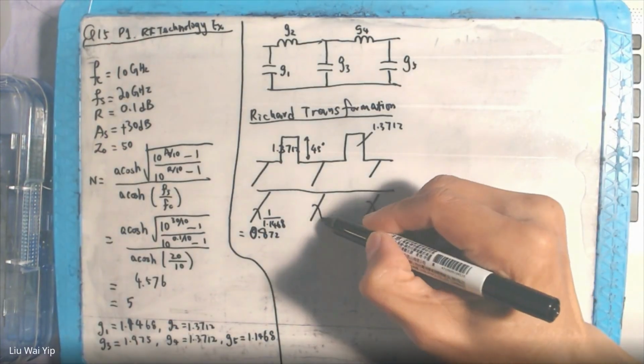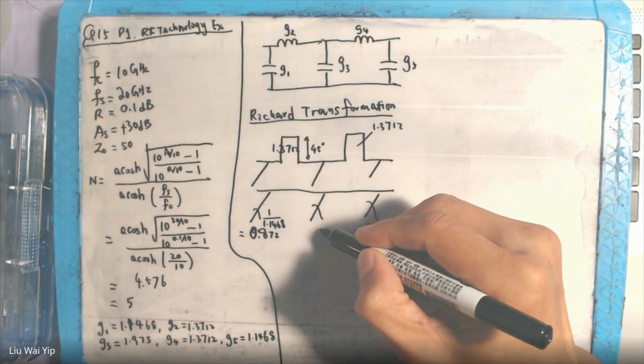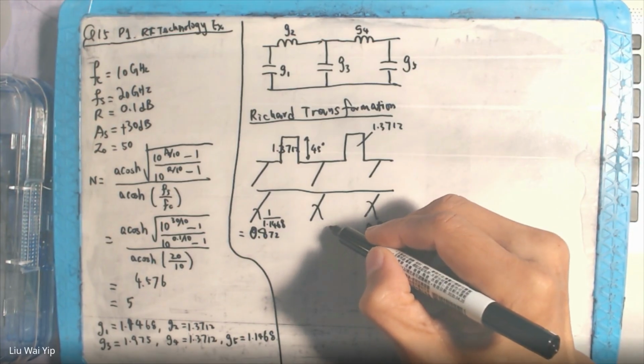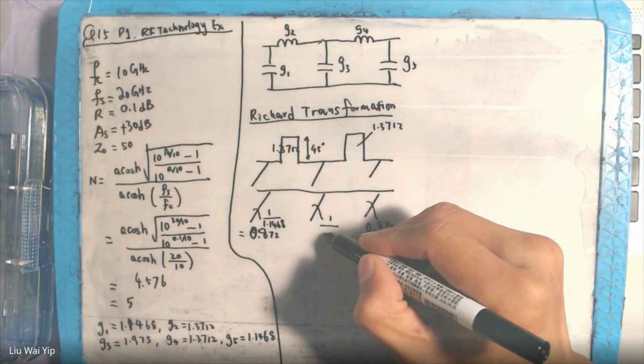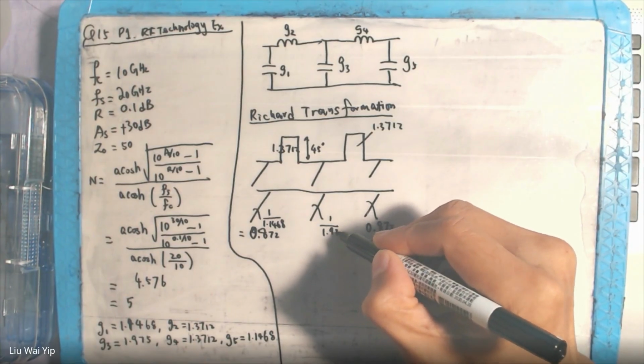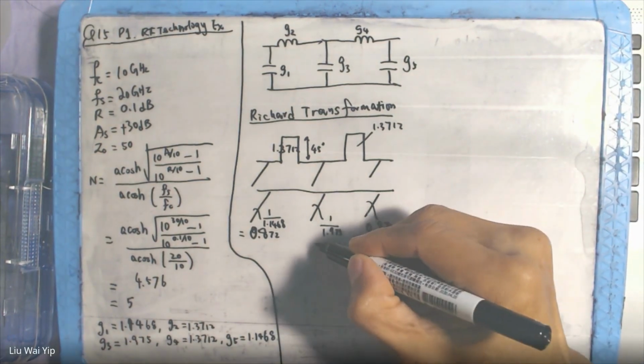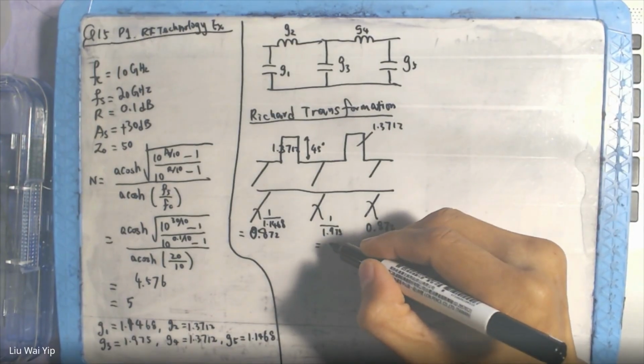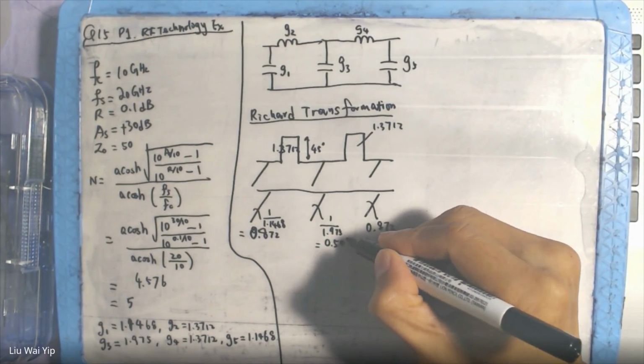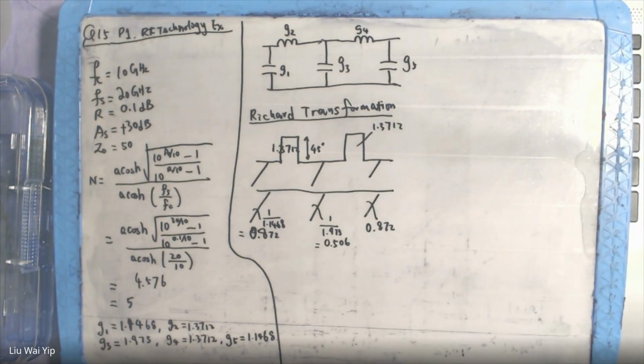And this one here is 1 over 1.975, which is equal to 0.506. So we got all the impedances using the Richards transformation.